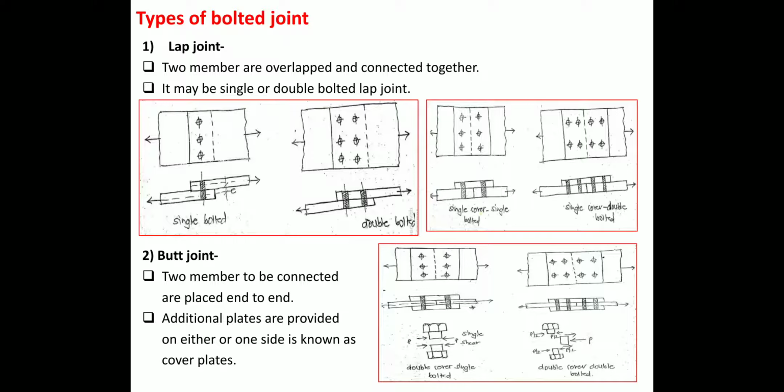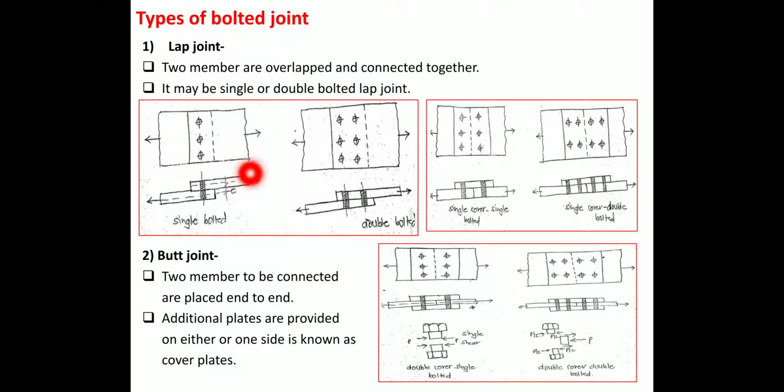If you go through the first figure, this is the first plate or member up to the dotted line. Then the second member is from right to left up to this dark line.